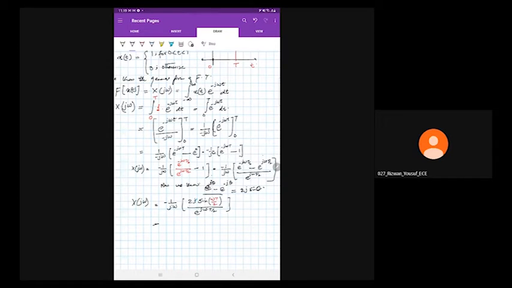In the denominator you have e raised to power j omega t by 2, so it will be e raised to power minus j omega t by 2. That is the one term. Then you have 2, which comes outside, and in the denominator you have omega.